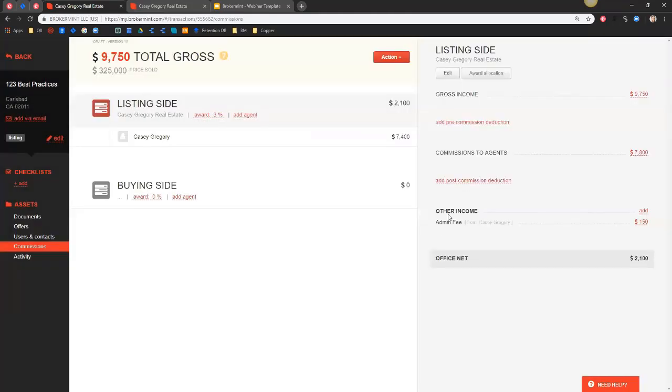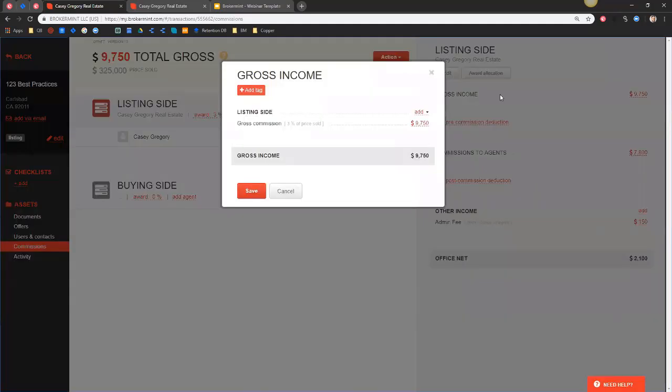So another difference between office income and gross income is whenever we add gross income to a transaction, by clicking on the gross income line, we have a couple different options. We need to choose whether this gross income is going to be shared with our agent or unshared.